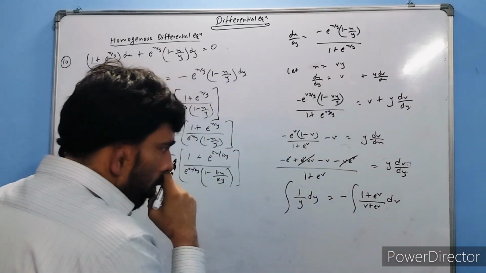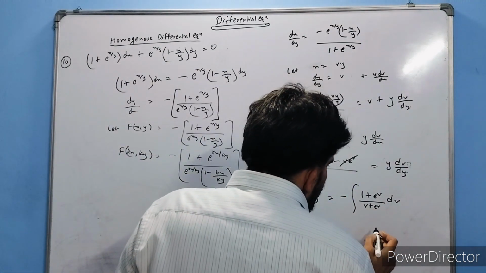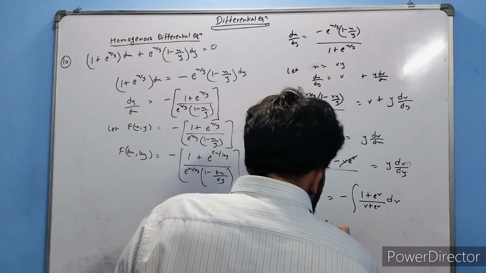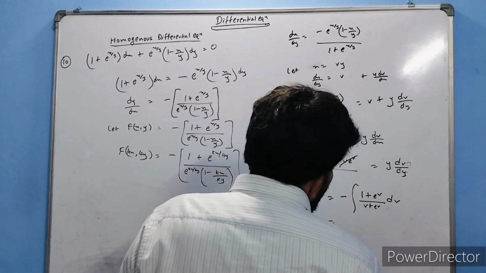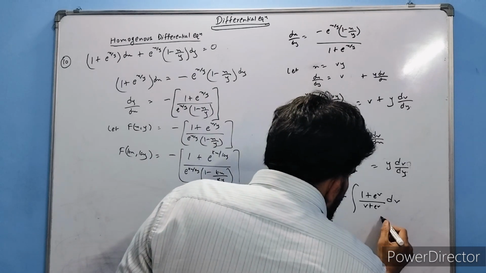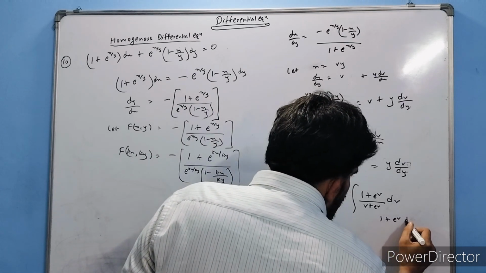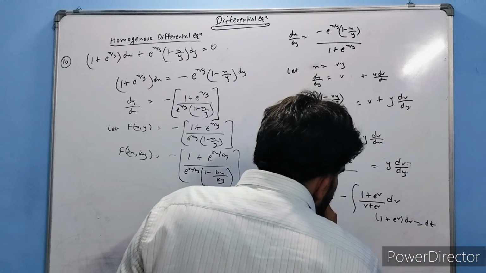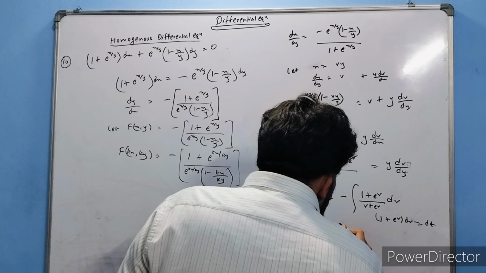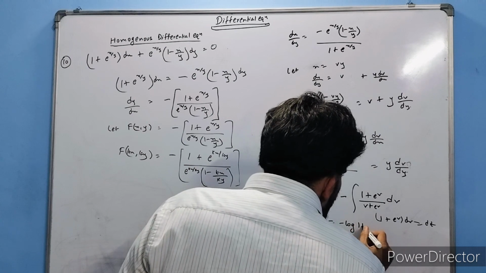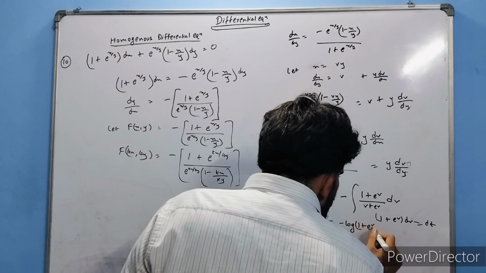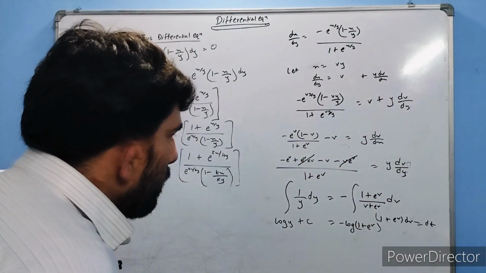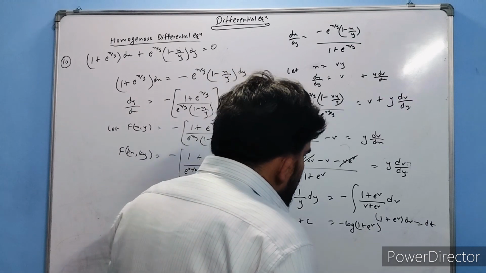If I take this common, v plus e^v, we have log y plus c. Here if I take this t, so it will be 1 plus e^v dv is equal to dt. So 1 upon t will be log t. So we will have log t, we have 1 plus e raised power v, minus log 1 plus e^v.